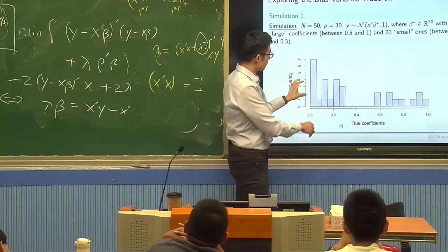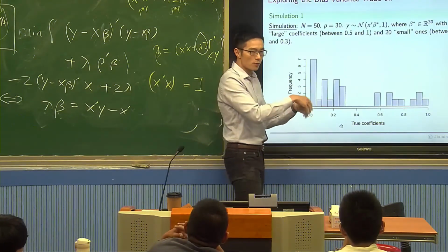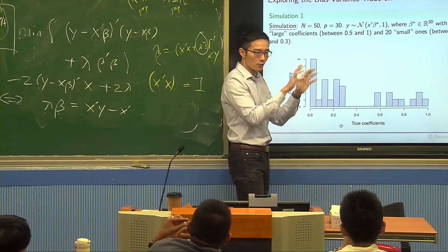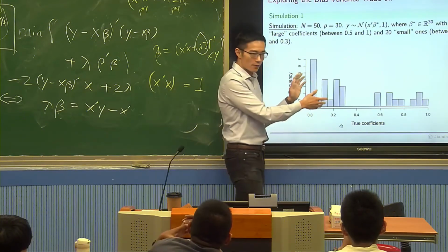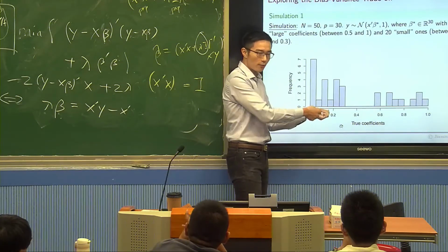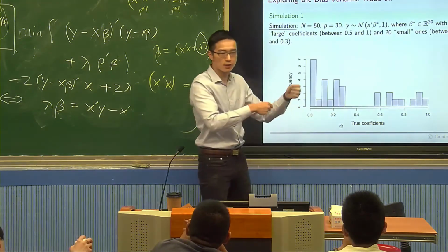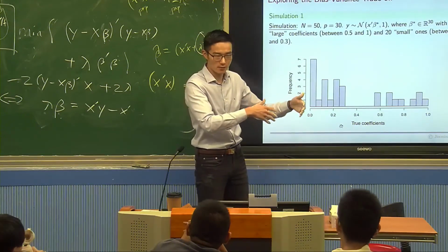Now, if we do not shrink, then we'll be spending too much variance, too much effort to fit these small coefficients. Whenever we try to fit very closely an unbiased estimate with small coefficients, we increase the variance of our model.